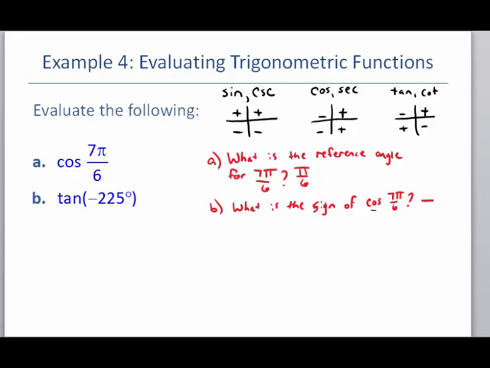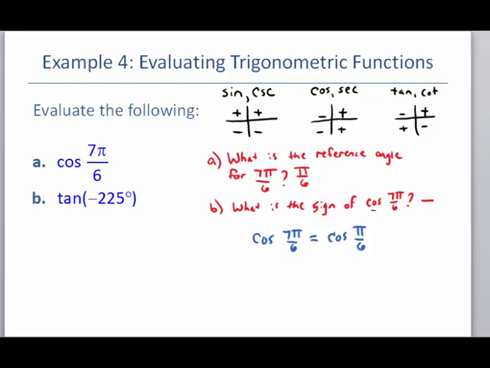Now, the idea behind the reference angle is that your original problem, which is cosine 7 pi over 6, should equal the cosine of the reference angle with respect to the sign, the positive or the negative. All right, so we need to remind ourselves what cosine pi over 6 is.